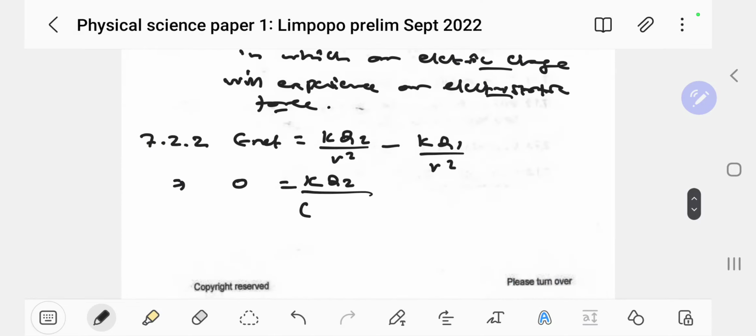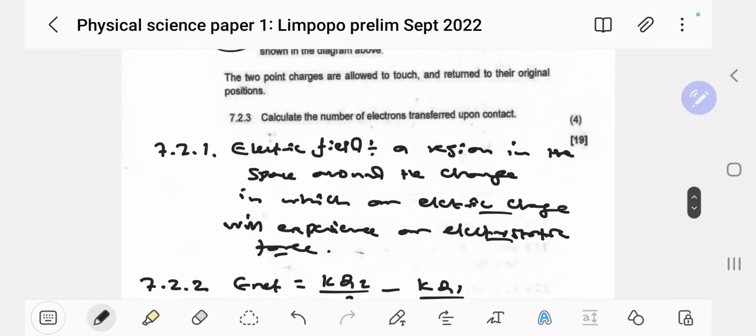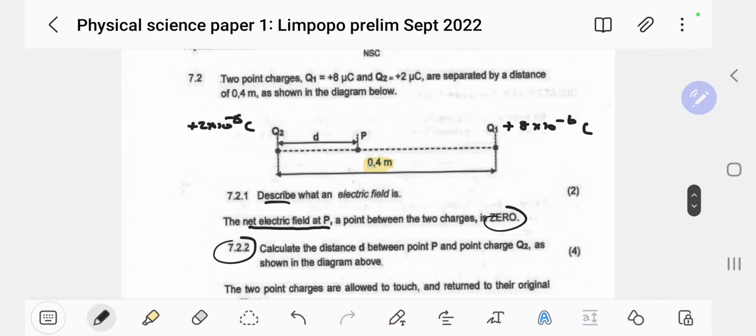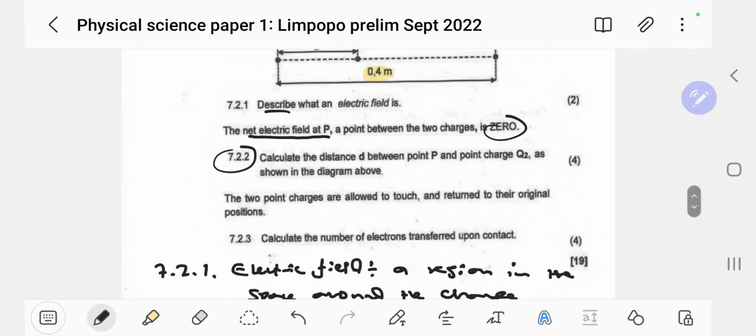It's d for Q2, so it's just d squared. We don't want to waste time here. Minus k times Q1 over, but now Q1 is what? It is 0.4 minus d, because it is that distance there.